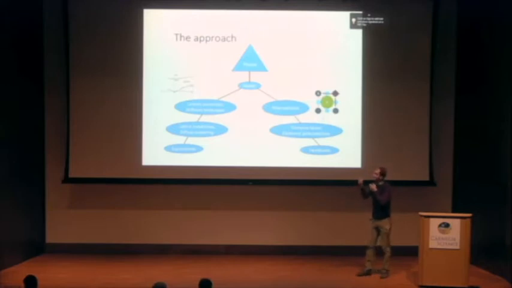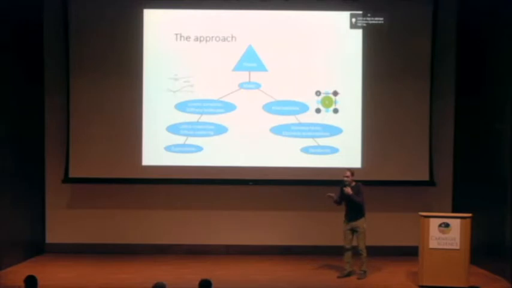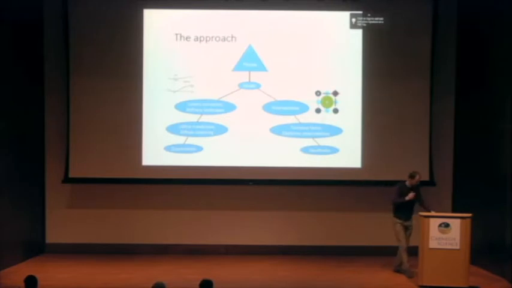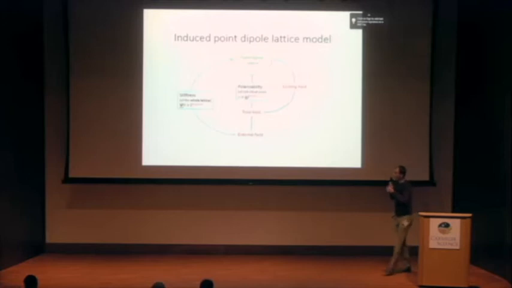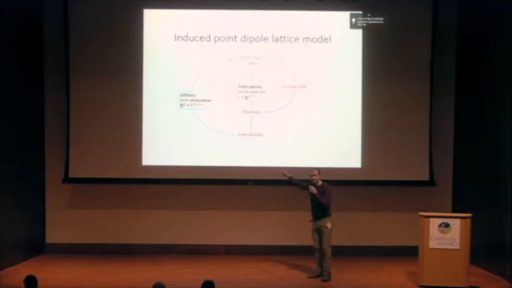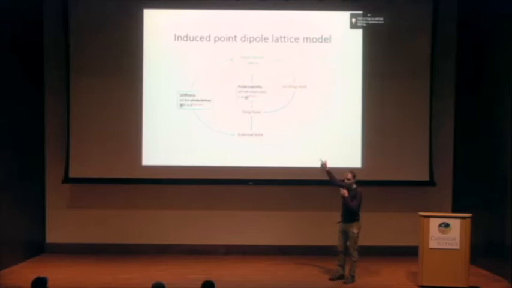Let's say ionic radii and polarizabilities. Because the model is very simple, it is possible to look inside and get answers on how it works. This is the model. If we look at the dashed line, it connects the external field, which is applied to the crystal, and the dipoles that live inside.